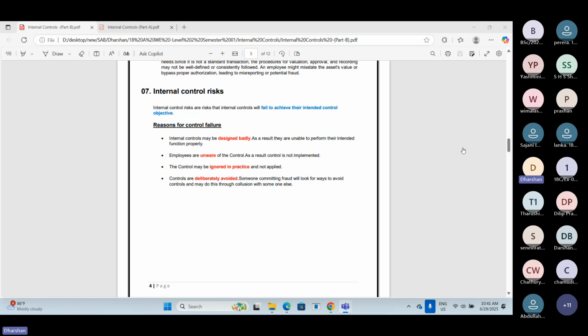Let's take a simple example; further explanation I will give under the deficiency of internal control topic. I gave an example when we were discussing the segregation of duties concept: prepared by, checked by, approved by, and authorized by. Likewise, 5 controls are there. The control has been designed. What are the controls?